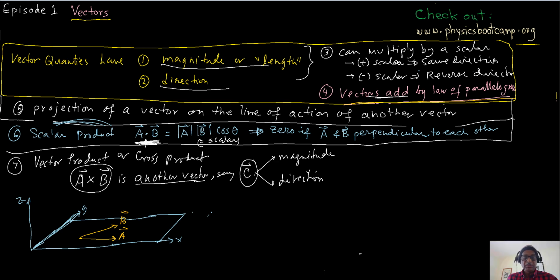Okay, so I draw it so the whole thing looks like a three-dimensional perspective, because you do need a three-dimensional perspective when you're talking about vector product. Okay, all right, so you draw this and it will form in some plane. It doesn't need to be the XY plane, but just for the sake of concreteness, I put X and Y there. You don't need that, but you have some plane in which these vectors will fall.